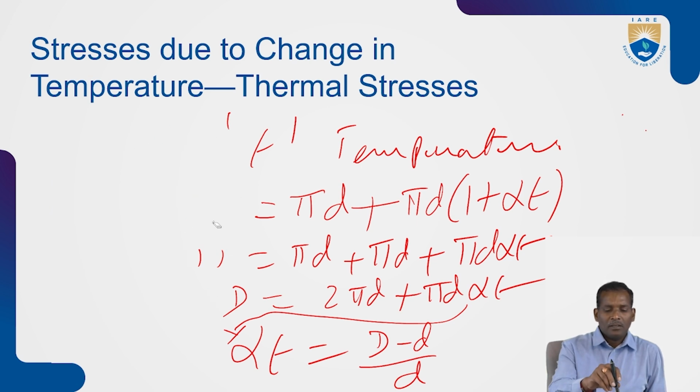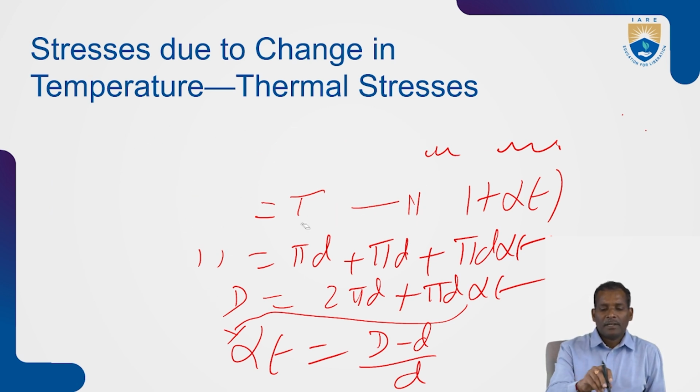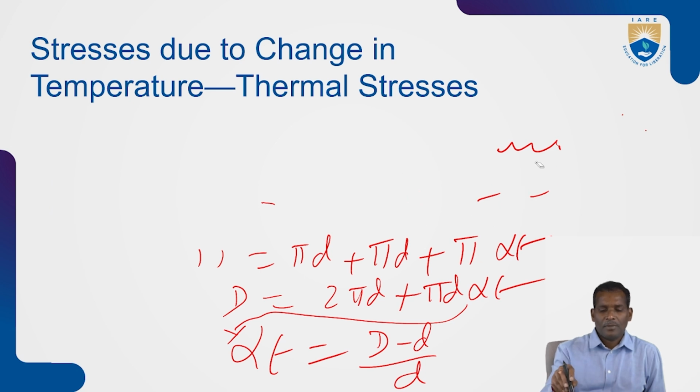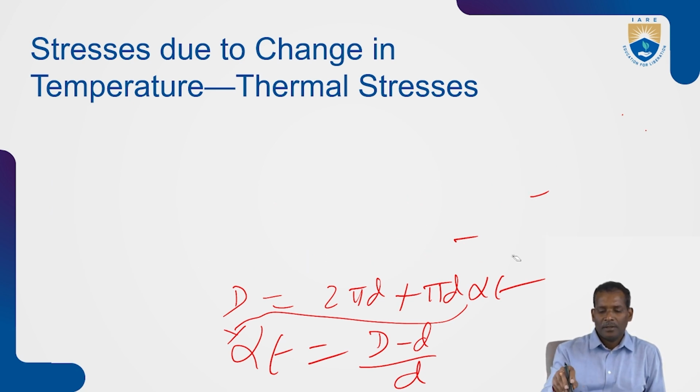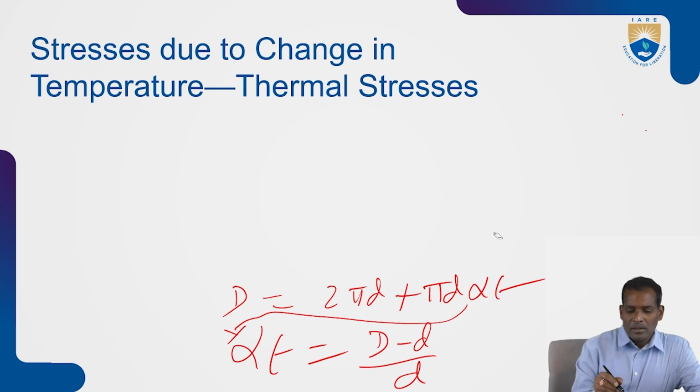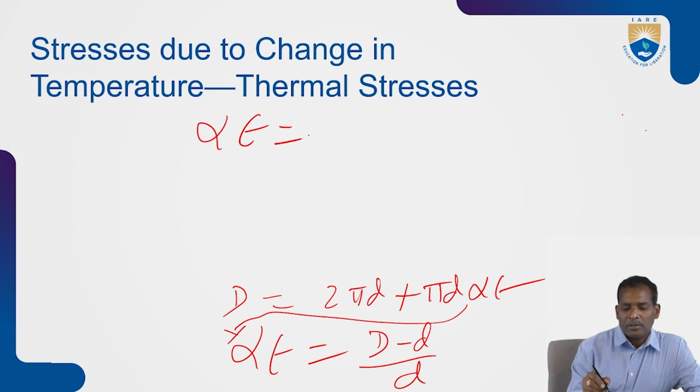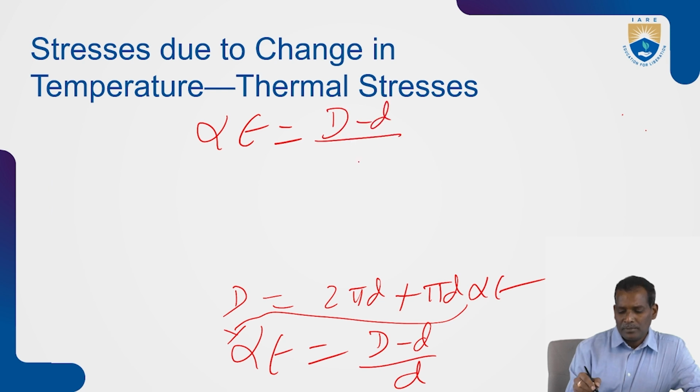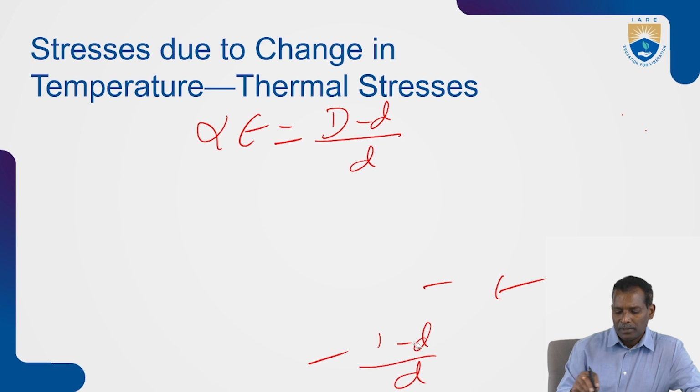But here you need to calculate temperature. So write this equation like this: alpha t is equal to capital D minus small d by d. This is after simplification, you will get this relation.